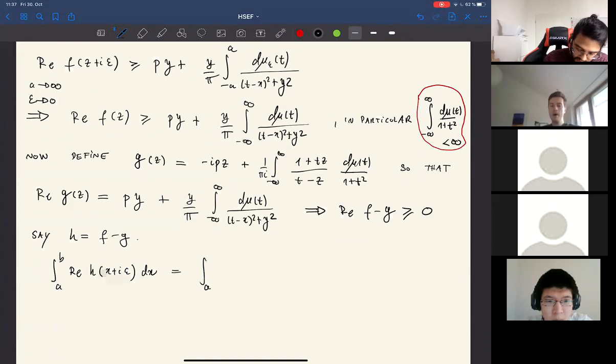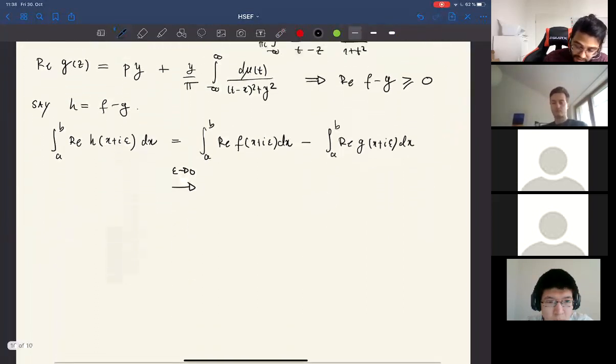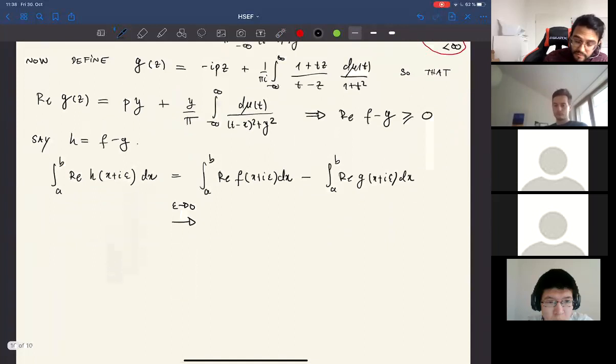That is the integral from a to b of the real part of f of x plus i epsilon dx, minus the integral from a to b of the real part of g of x plus i epsilon dx. So what does this converge to when I take epsilon to 0? Well, by construction, this is mu b minus mu a, because we were taking the limits of this measure.